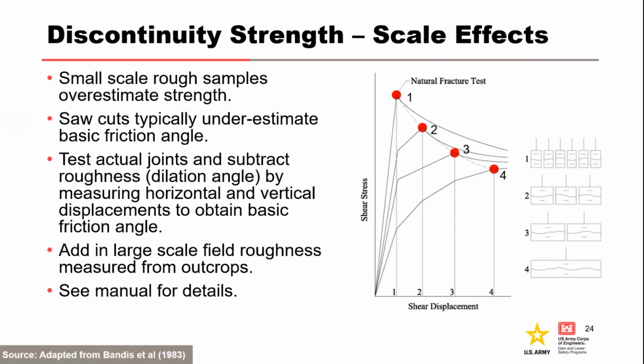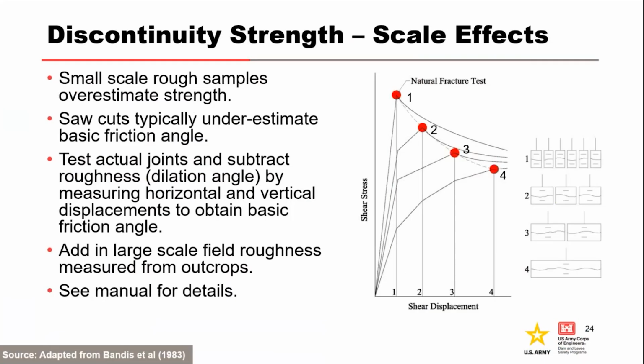As you can see from this plot, the average strength increased as the sample size got smaller. This is because at a large scale, the small scale roughness is not engaged as the sample is dilating in the test. But as the sample becomes smaller, that small scale roughness comes into play and dominates that strength.